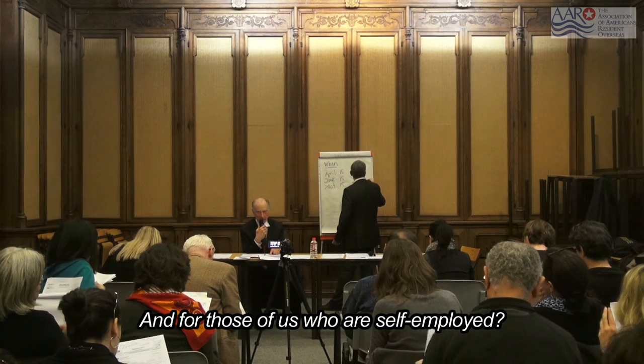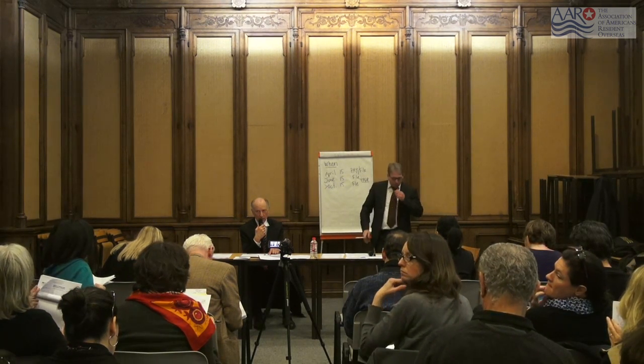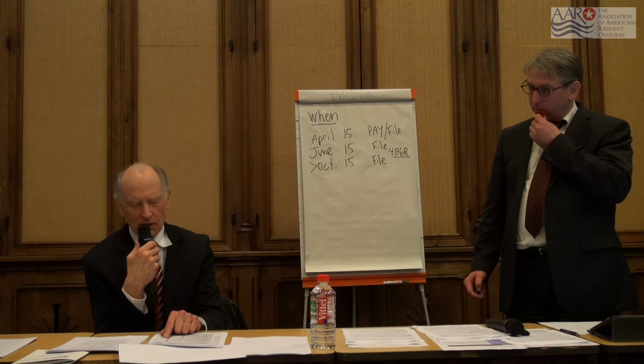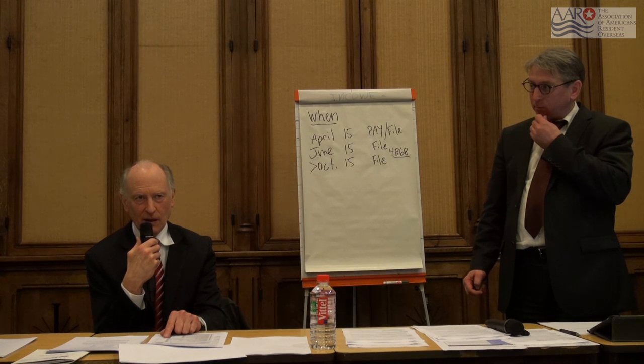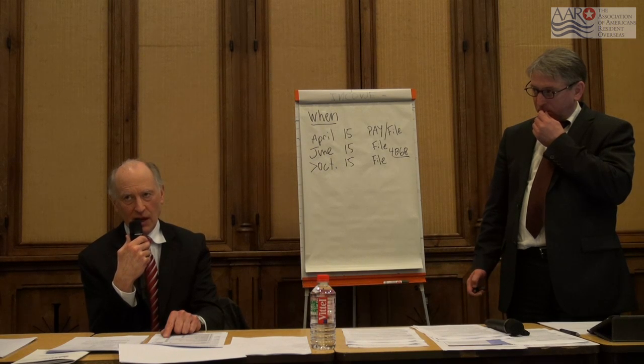Okay. The question I have is for those of us that are self-employed. Sometimes it's useful to deduct your deductions. Let's say, first of all, when you're self-employed and you're using the foreign earned income exclusion, you use it against the gross receipts, not the net amount.